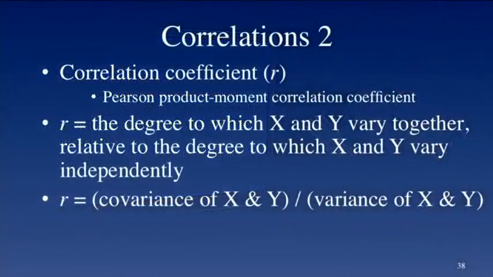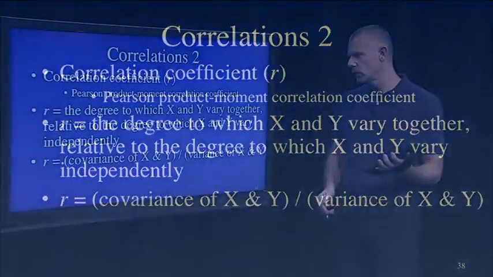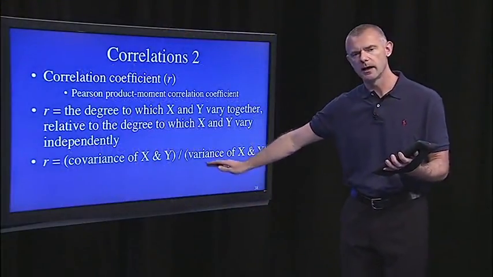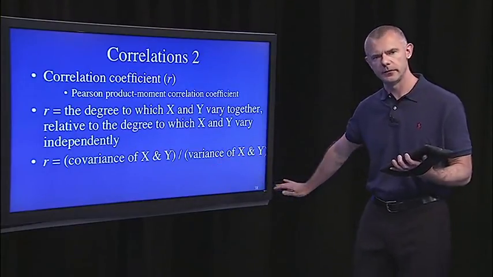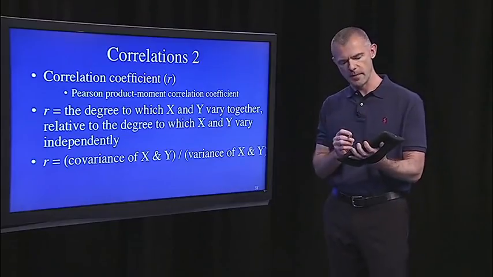And conceptually, what r represents is just the degree to which x and y covary relative to how much they vary by themselves or independently. So a way to think of it, down at the bottom in the last line here, is a ratio of covariance to variance. And that's what you'll see in the math.